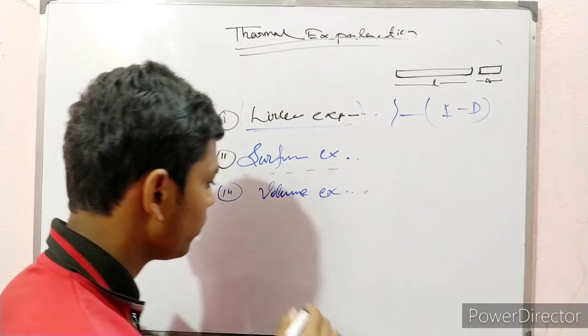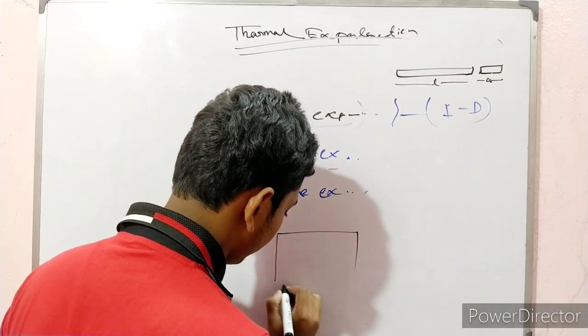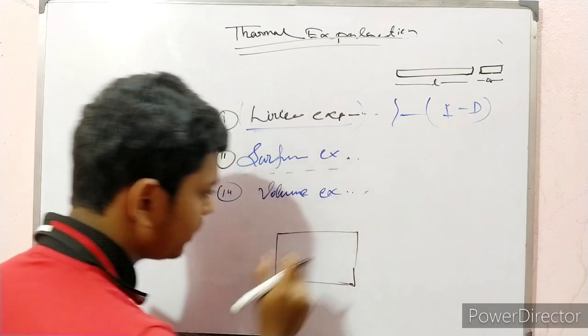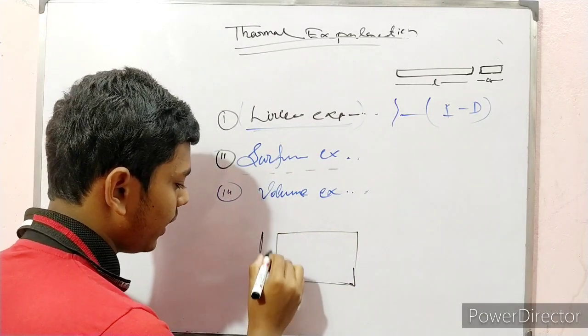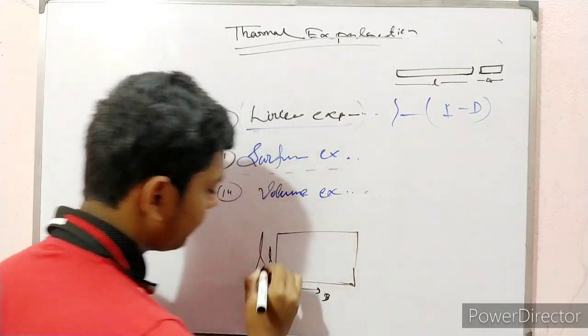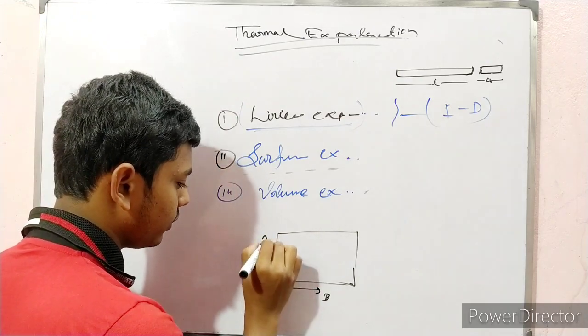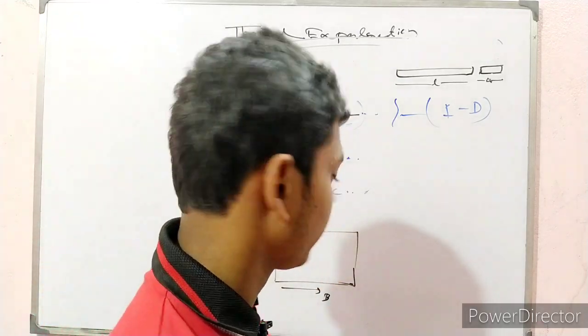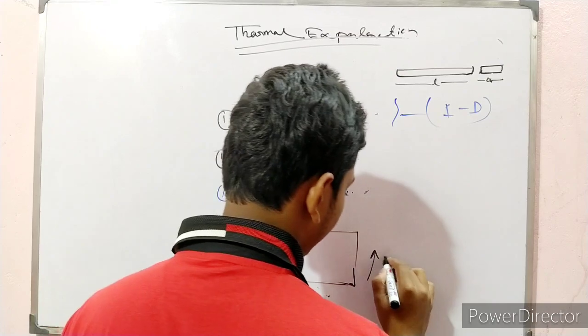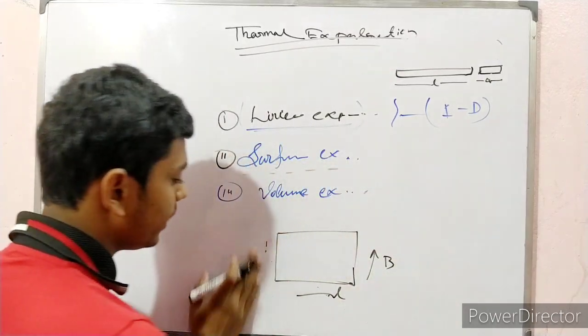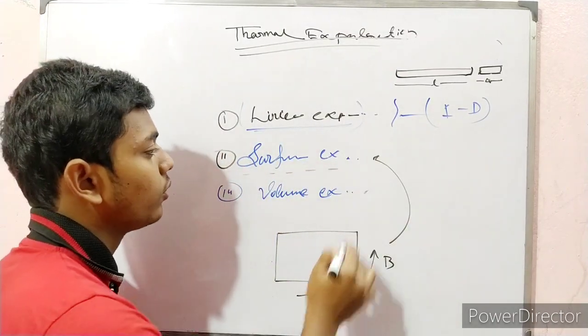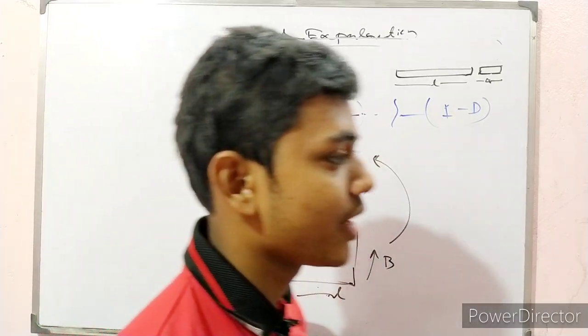Now we're going to deal with surface expansion. When you take this type of thing that has a length as well as a breadth, then this expansion will be called surface expansion.